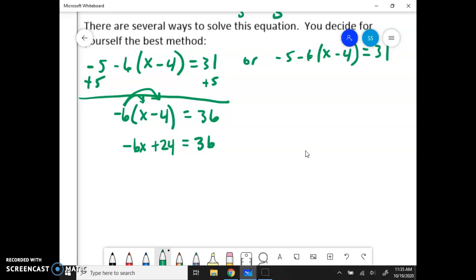Drop down the equal sign, update the problem. So we're going to go ahead and subtract 24, and we're left with -6x is equal to 12.